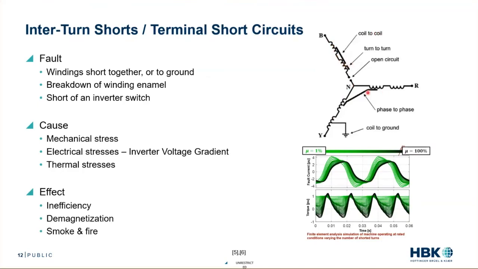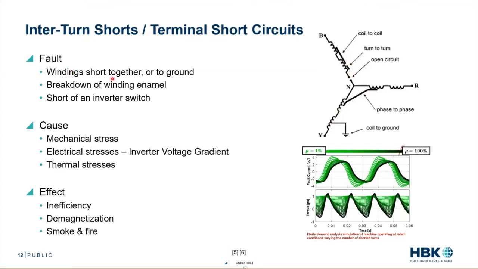We could have phase-to-phase shorts, where phase A and phase B get shorted together. We could have coil-to-ground, where maybe the copper winding shorts to the stator housing, shorts to the laminations, and then we're getting a current there. Or open circuits, where they're not touching at all.